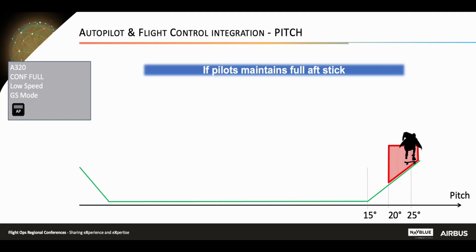If the pilot maintains the full back stick input, the protection will bring the aircraft back to 20 degrees, which is the limitation for that configuration, full flap and low speed. If the pilot releases the stick now, as per design, the 15 degrees limitation will be maintained to stay within the flight control protection envelope.